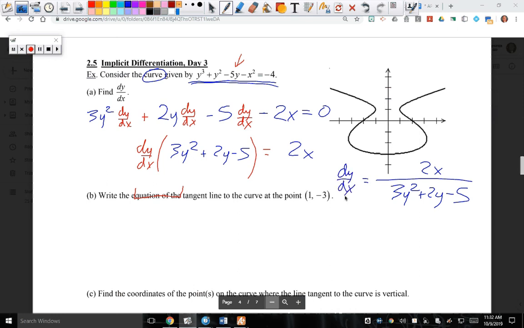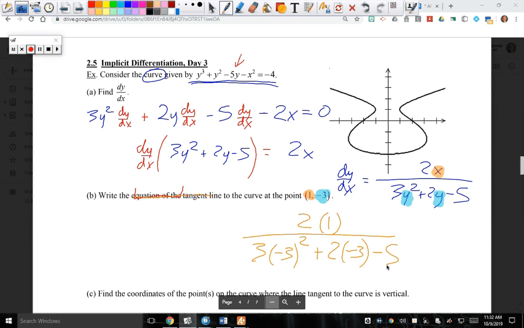So then I will plug in. It says write the equation of the line tangent here. So 1 will go here for x. Negative 3, be careful with parentheses, will go there for y. So it'll look like 2(1), 3(negative 3) in parentheses squared, plus 2(negative 3) in parentheses.